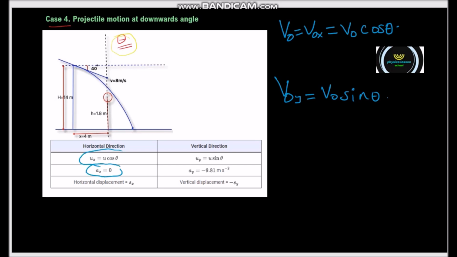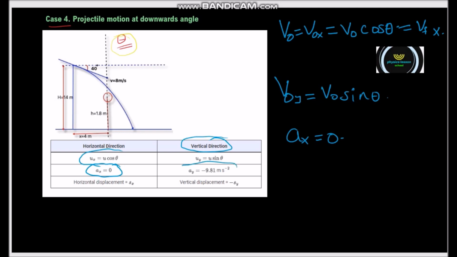The acceleration a x across the horizontal is already 0, because V naught x is always equal to V final across the x. That means it's constant. And V y for the vertical direction is V naught sine theta.